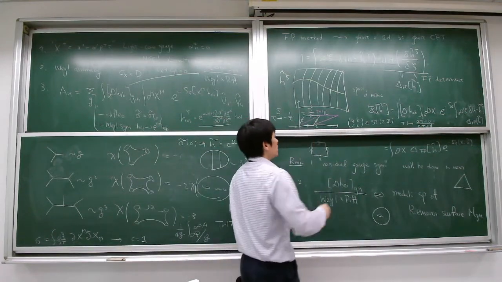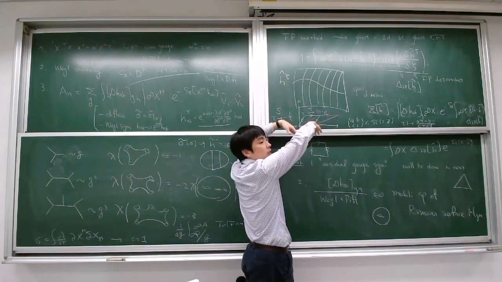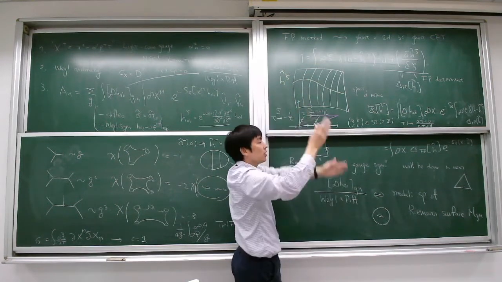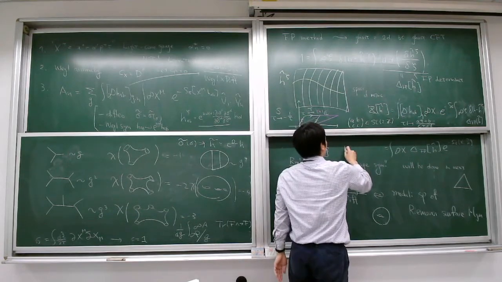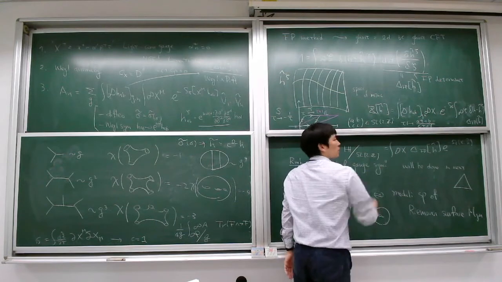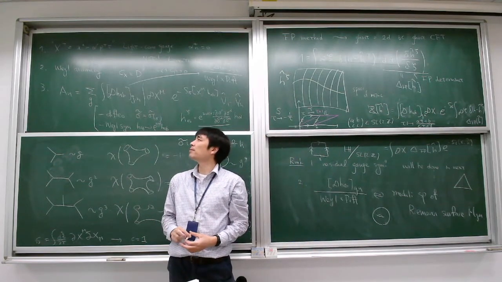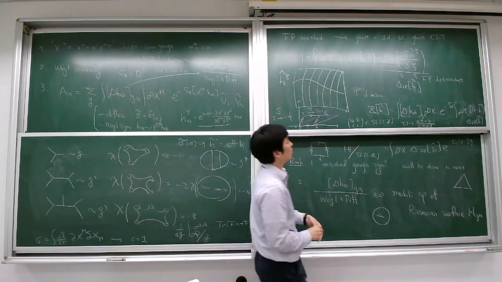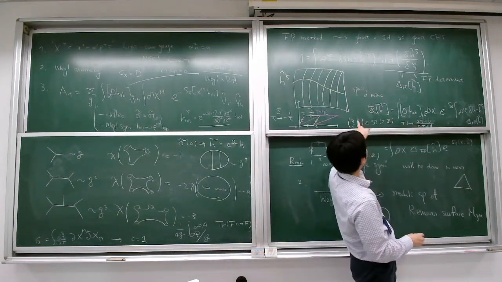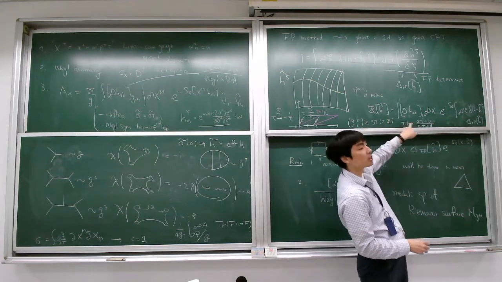So therefore, the Teichmüller space of the torus is the upper half plane. But you have the quotient, the upper half plane mod SL2Z. And precisely speaking, minus 1 does not change anything here.